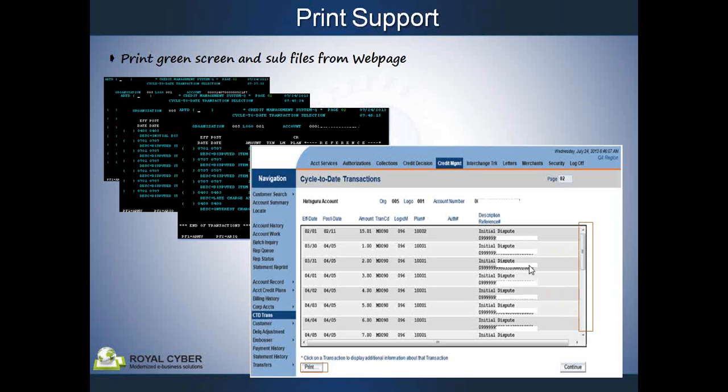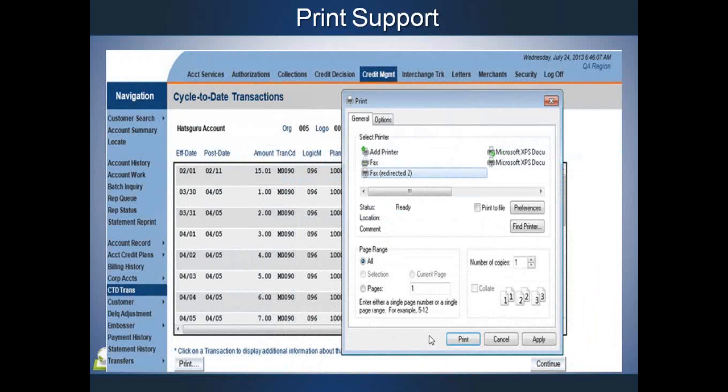For this, you can see the print button on the web page. When the user clicks on print or a similar button in the modernized web page, the general print menu, depending on the operating system, will appear and you can have the printout per your requirements.